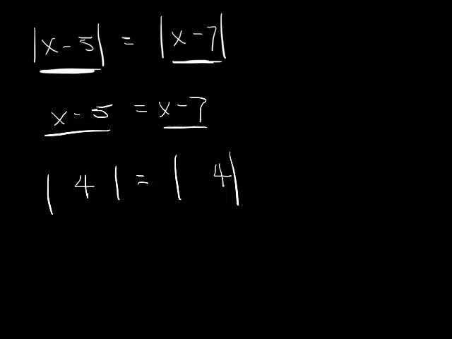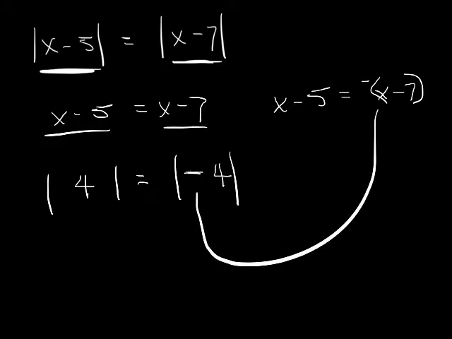But if it is possible for this to be negative, then x minus 5 could equal the negative of x minus 7, right? Because that would give us our negative there. And then when we take the absolute value of our negative, whatever this number is, it'll make it positive, just like the absolute value of negative 4 will make that positive.